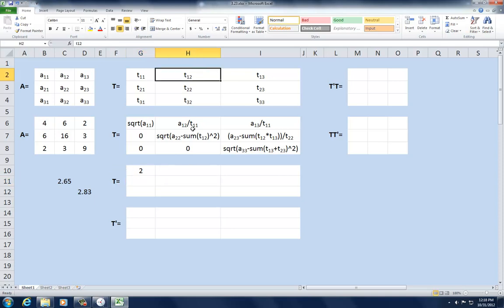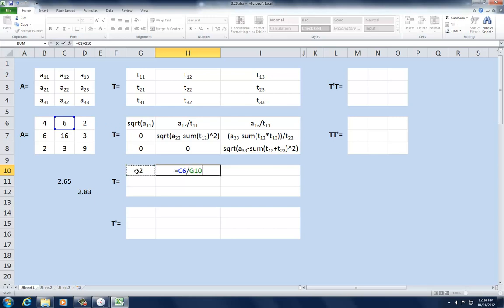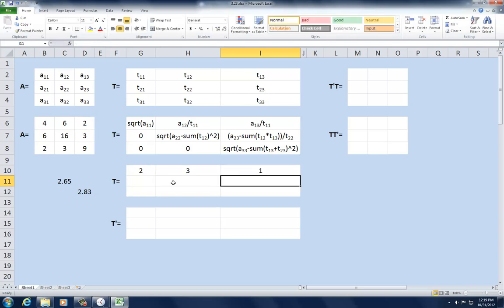Now for T sub 1,2, that is equal to A12, which is 6, divided by what we just found, T11, which is 2. And our value is 3. For T sub 1,3, first row, third column, we get A13 divided by T11, which is 1. Now we know that these values are 0 down here.